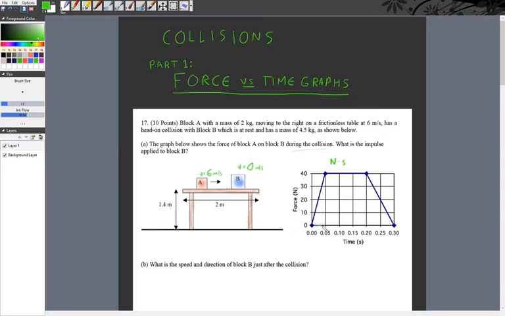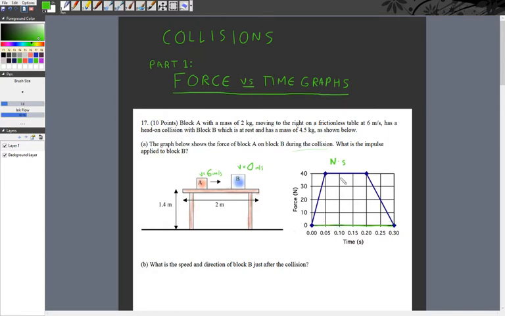So I want you to look at this. I'm just going to outline the x-axis here, or the time axis, excuse me. If I have this bottom part here, where force is equal to 0, and I have the actual curve, or how force changes with time. Let's say, for example, I wanted to find the total impulse between 0 and 0.10 seconds.